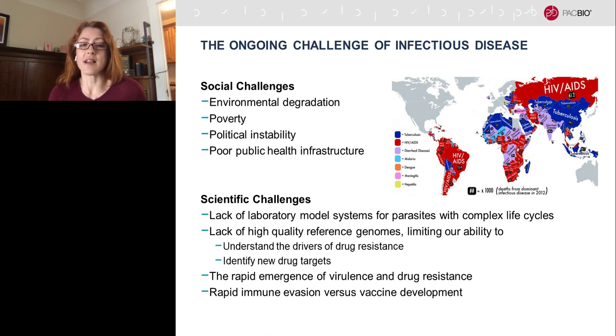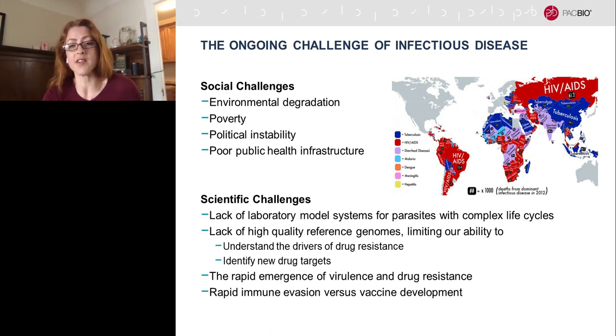And all of this is happening in the context of the rapid emergence of virulence and drug resistance. I wanted to share with you how some new technology is starting to help us make a dent in at least some of the scientific challenges.